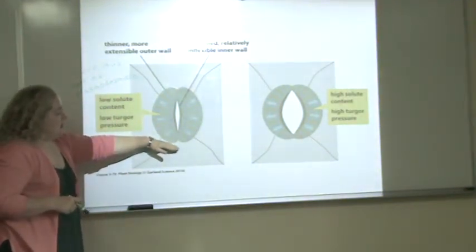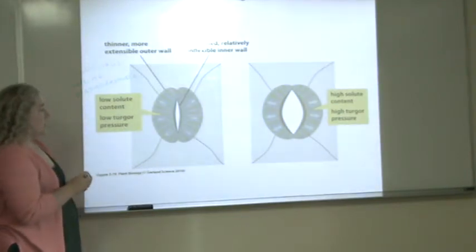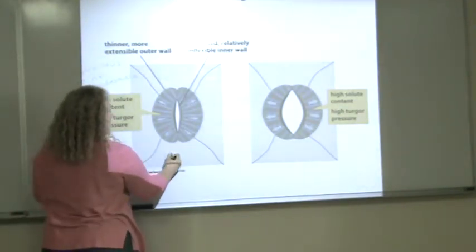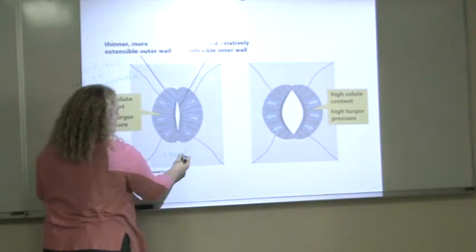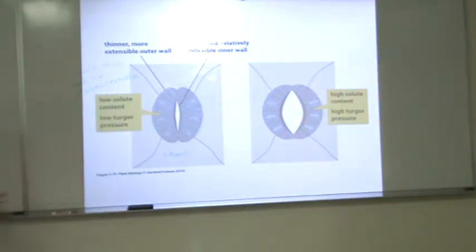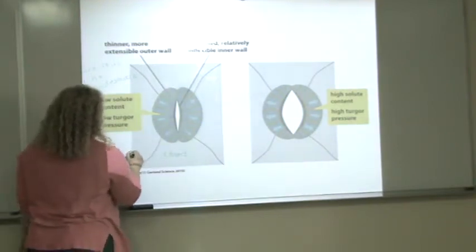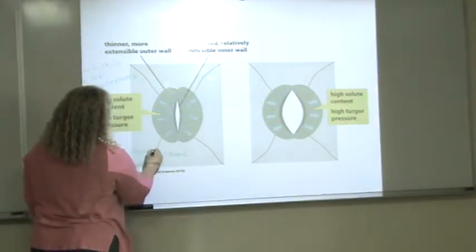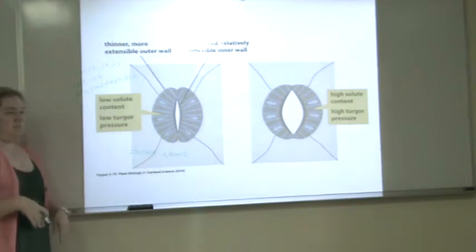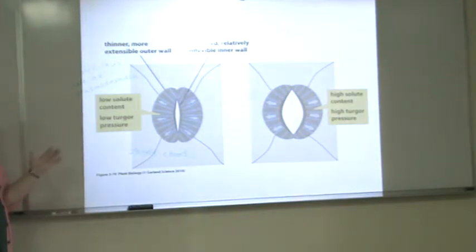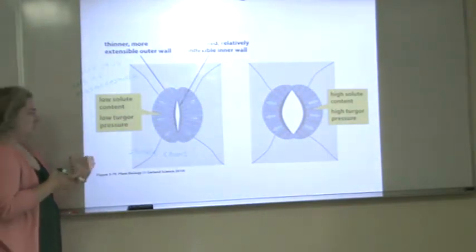This arrangement of guard cells is closed. Relatively closed. So we're looking at the stomatal opening is closed. They never totally close. They don't ever completely shut, but it can get wider or narrower.